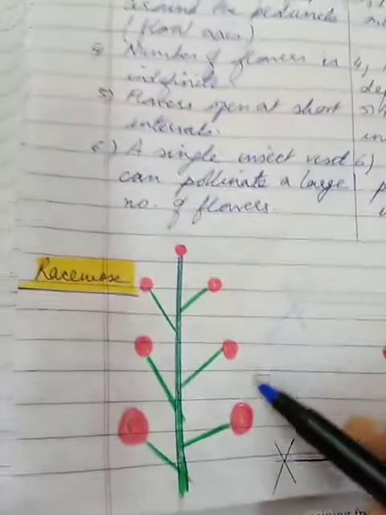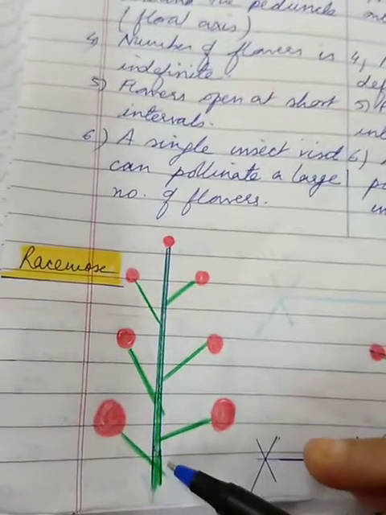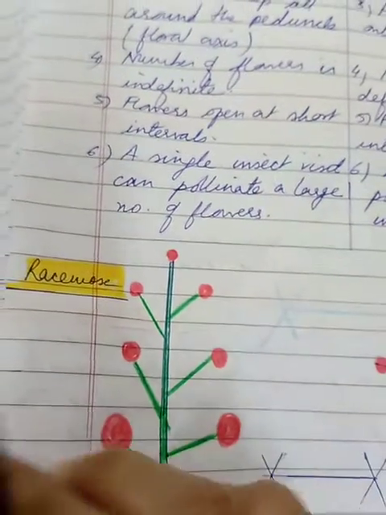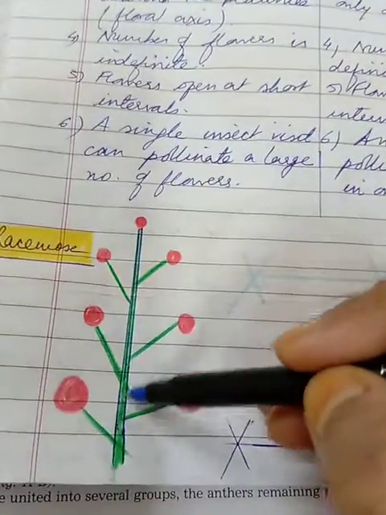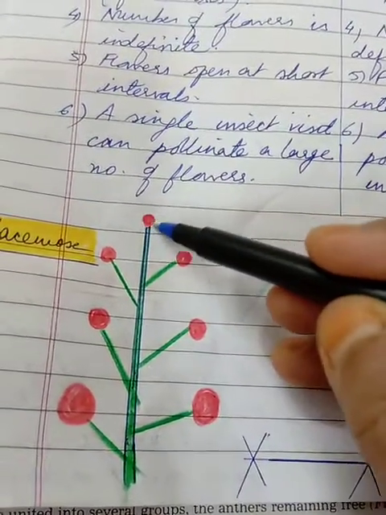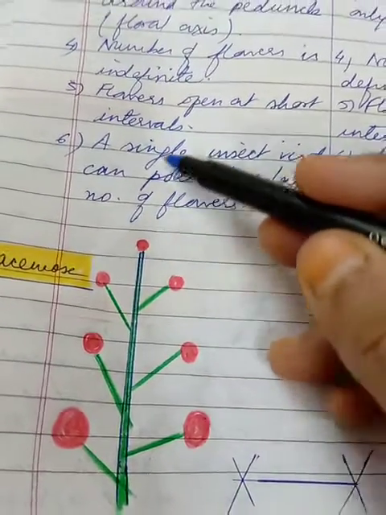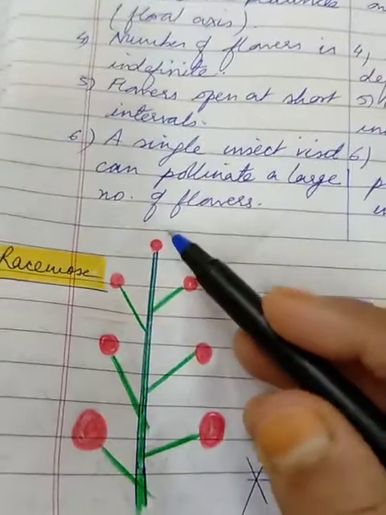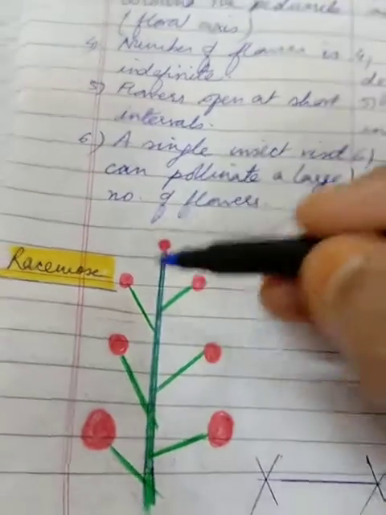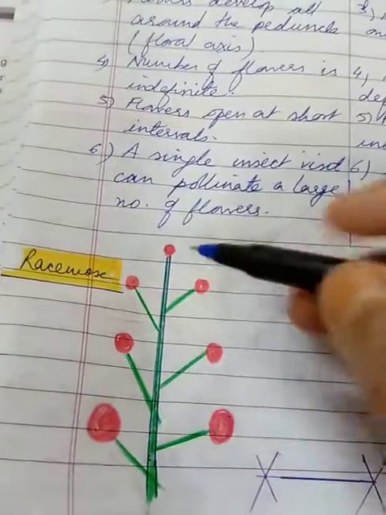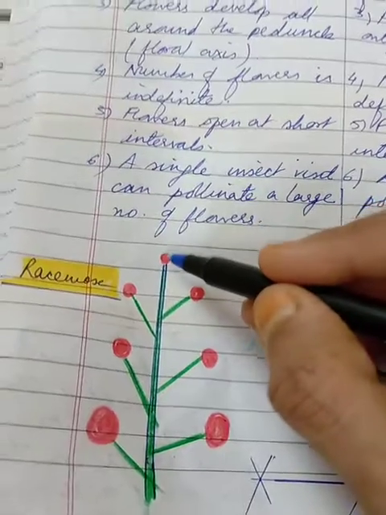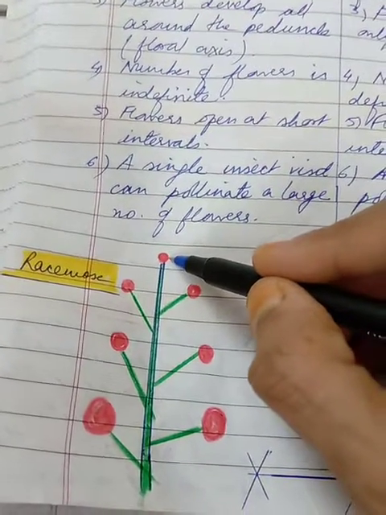This is a racemose. Now what happens is, you've said this is indeterminate. That means the axis continues to grow, a flower is formed, right? And again it continues to grow further and further up. So that means in this condition, the older flowers will be pushed to the bottom because this is continuously growing. So this will be the newest and the youngest flower.